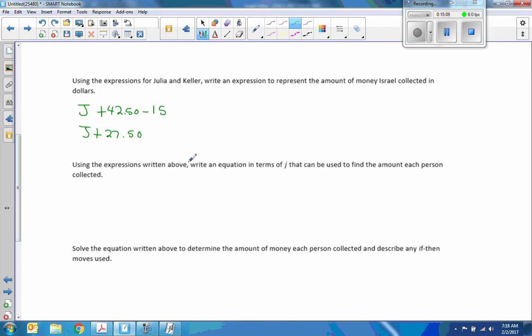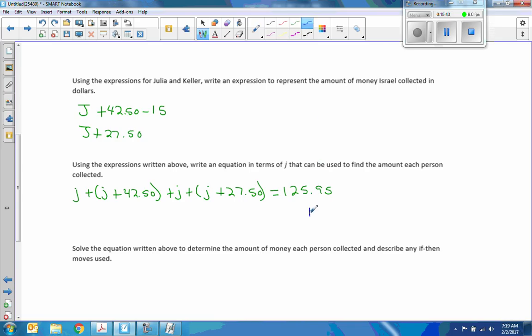Alright. Using the expressions written above, write an equation in terms of J that can be used to find the amount each person collected. Alright, so we're going to have Julia plus 42.50 plus Julia plus 27.50 equals 125.